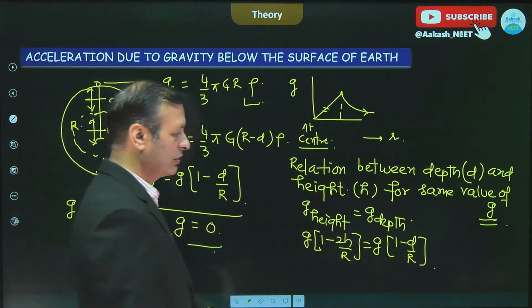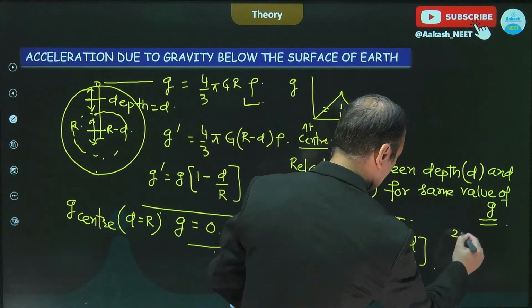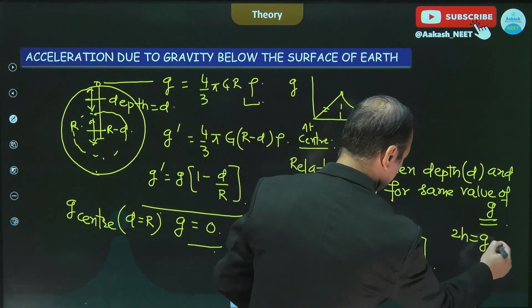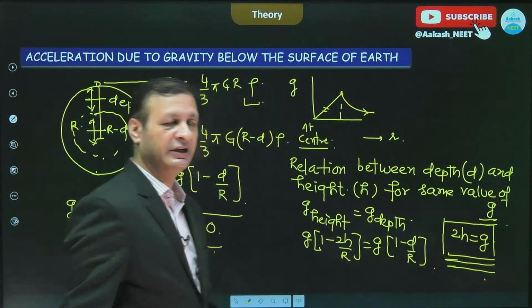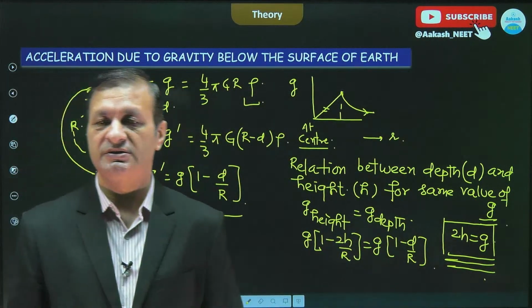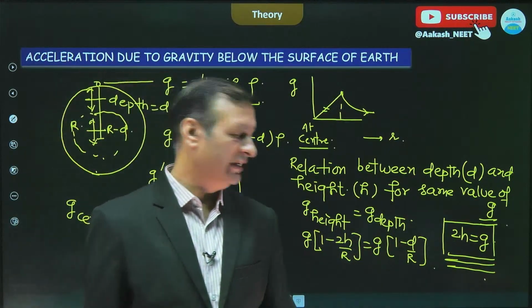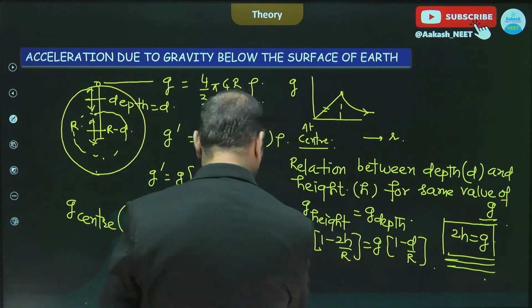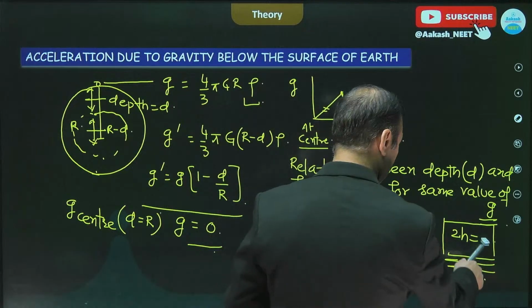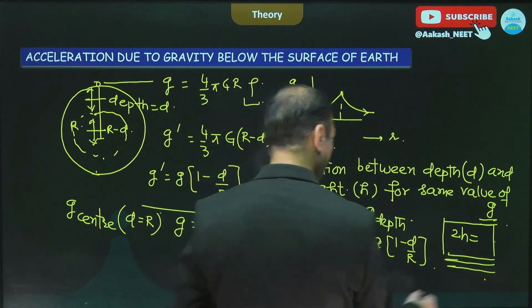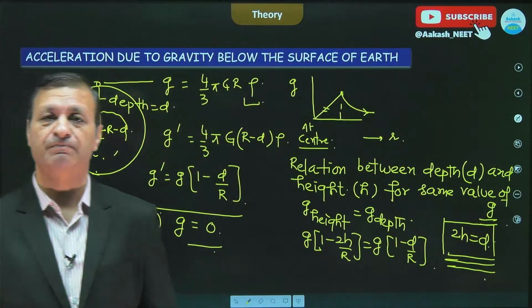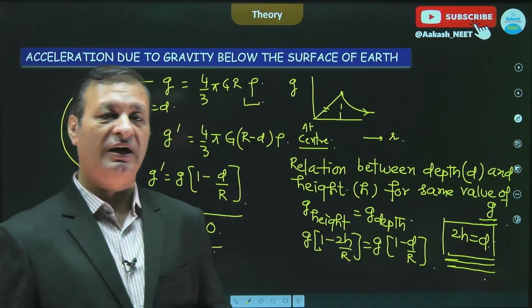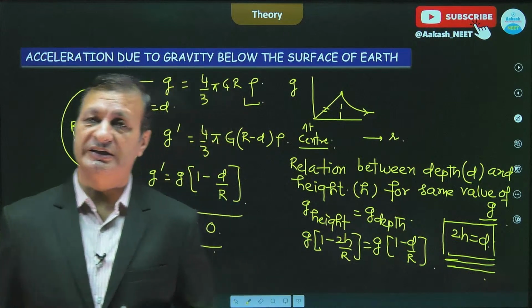And when you just look at this, so this is what? 2h is equal to d. So this is important. It means 2 times the height is equal to the depth.